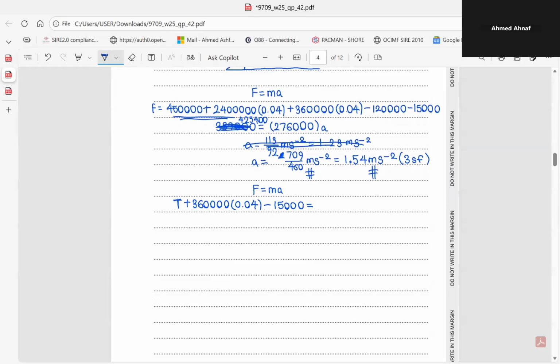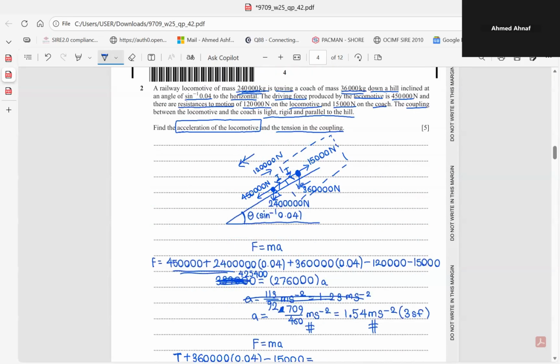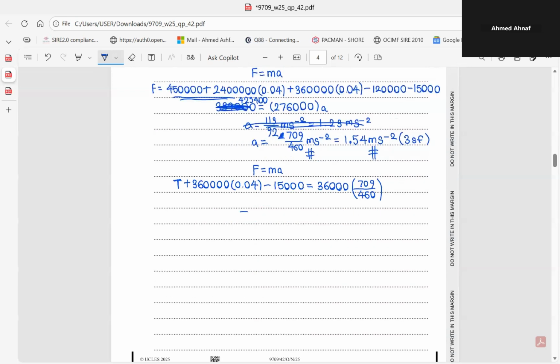And then we'll equate it to mass times acceleration. So mass is 36,000. Acceleration, we found it just now. Okay. All right, now we're ready to find it. So 709 divided by 460 times 36,000.